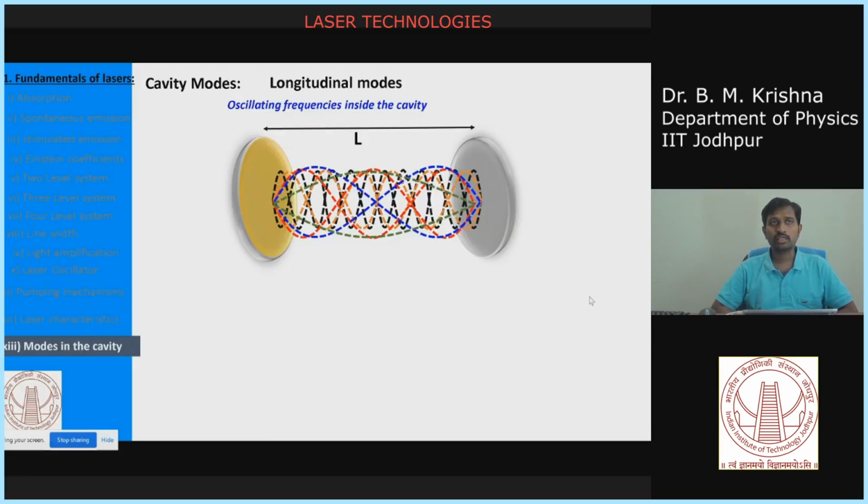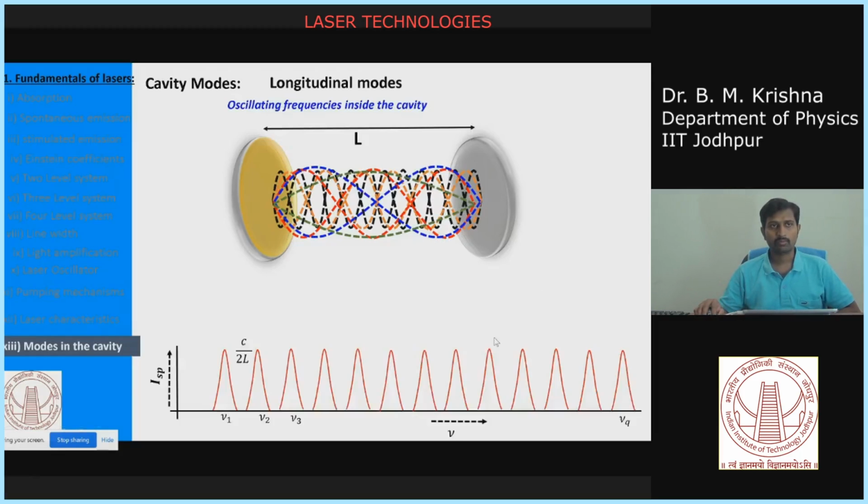If you change the length of the cavity, you will get different modes, because the earlier modes cannot be sustained again. So it is purely cavity length dependent which modes oscillate.